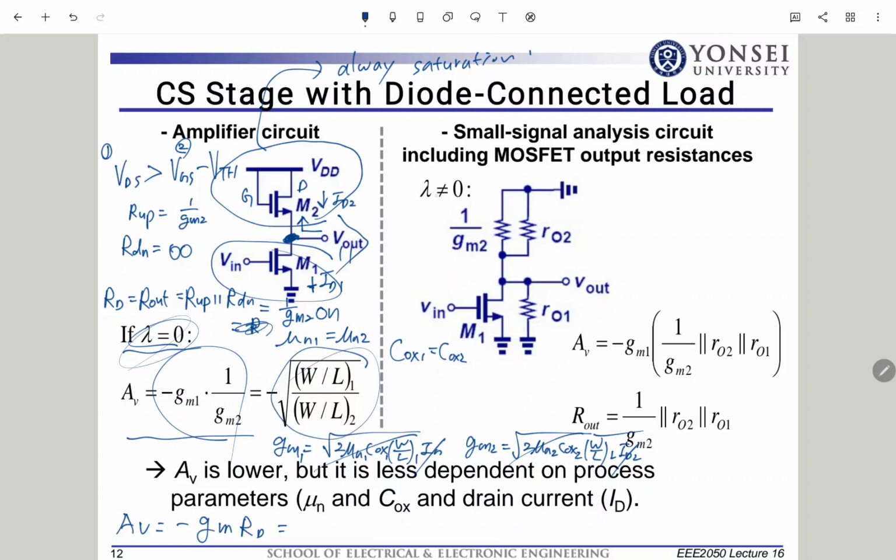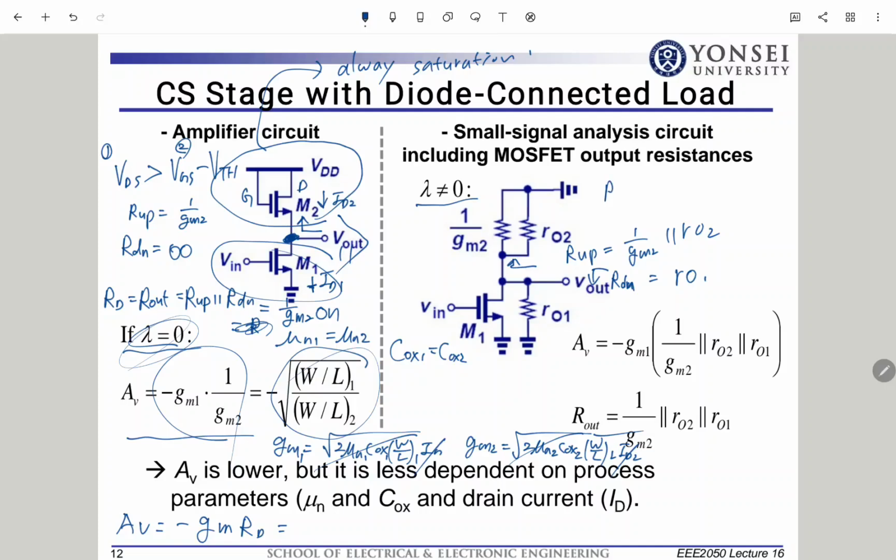Now, what if lambda is not equal to 0? Then what is R up? R up is equal to 1 over gm2 in parallel with RO2. What is R down? R down is equal to RO1.